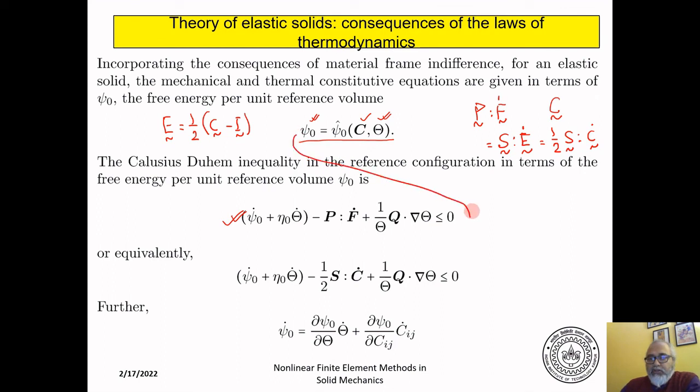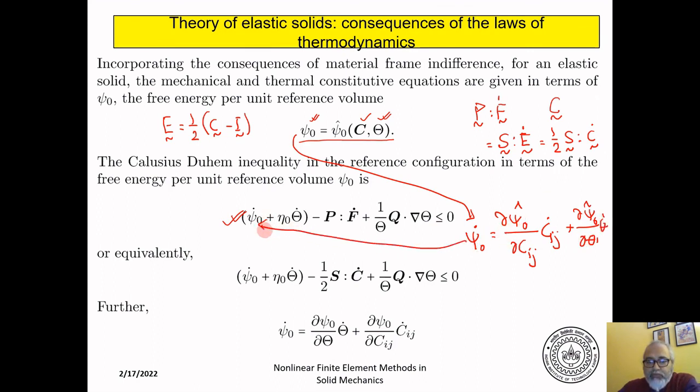Here, we can calculate psi naught dot, which would be the partial of psi naught with respect to Cij times Cij dot, plus the partial of psi naught with respect to theta times theta dot, and we will plug it in here. This can be written as the partial of psi naught with respect to C double colon C dot.